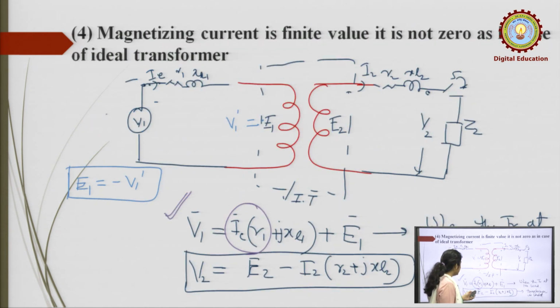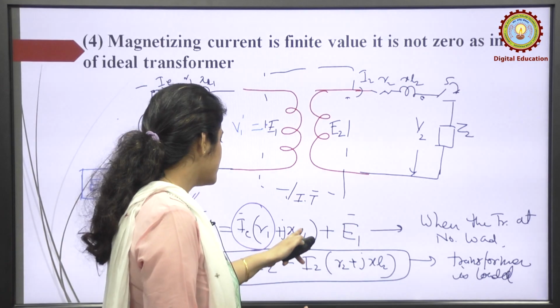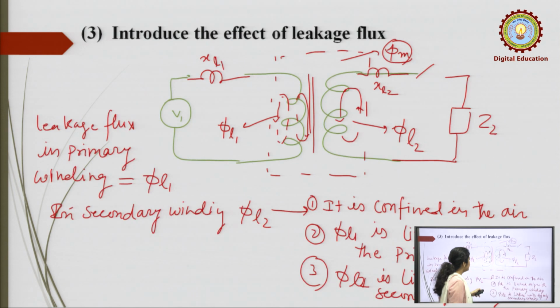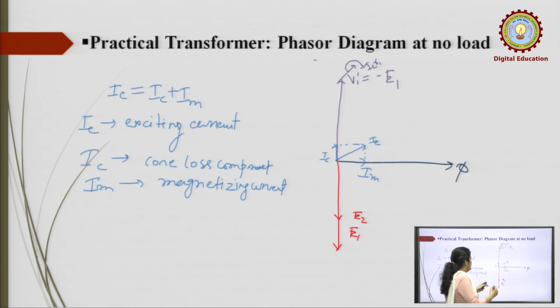Now, you have to include this leakage reactance. The voltage drop across the reactance is I XL1 and it is an inductor. So, the voltage is always leading the current. So, this I XL1 voltage drop is leading this current I. So, now if you want to include this I XL1, the voltage should be 90 degrees ahead of this current.